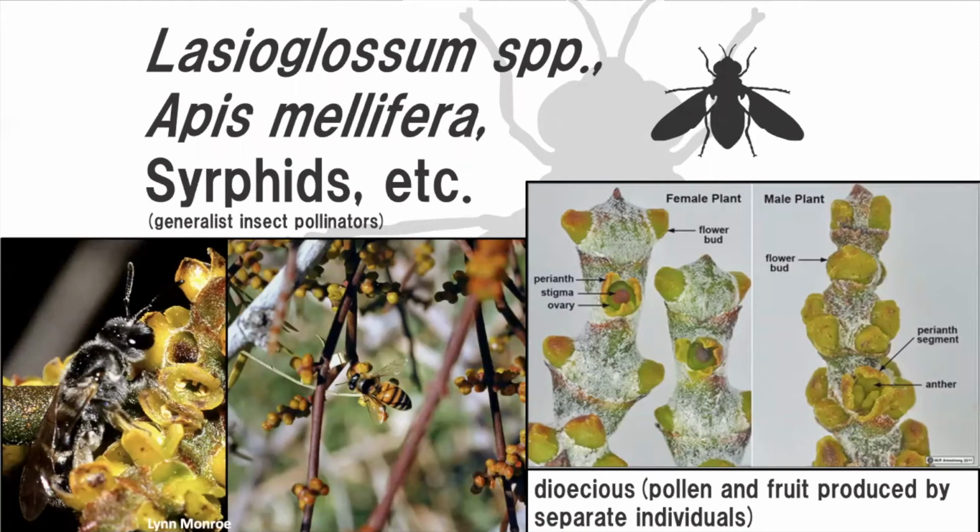Mistletoe are dioecious, so pollen and fruit are produced by separate individuals, and desert mistletoe is insect pollinated, so it really relies on this generalist suite of insect pollinators that include flies and solitary bees, other small bees, and honeybees are particularly common pollinators.